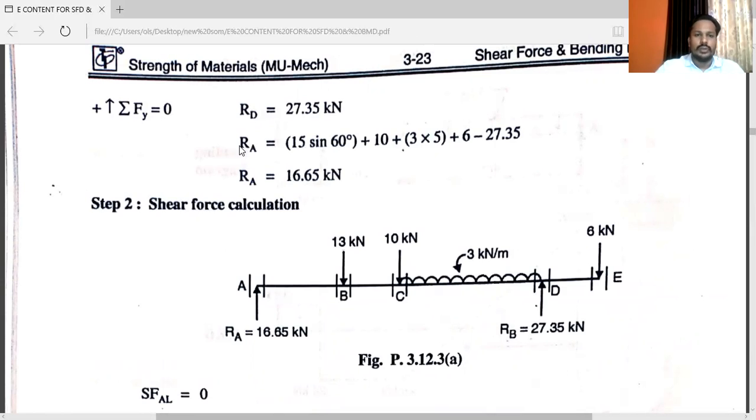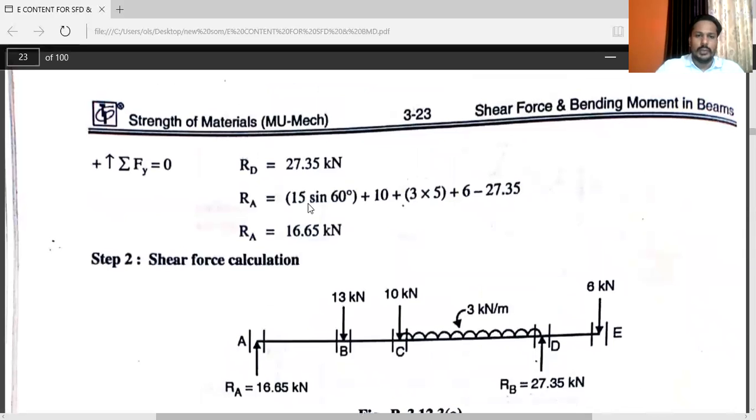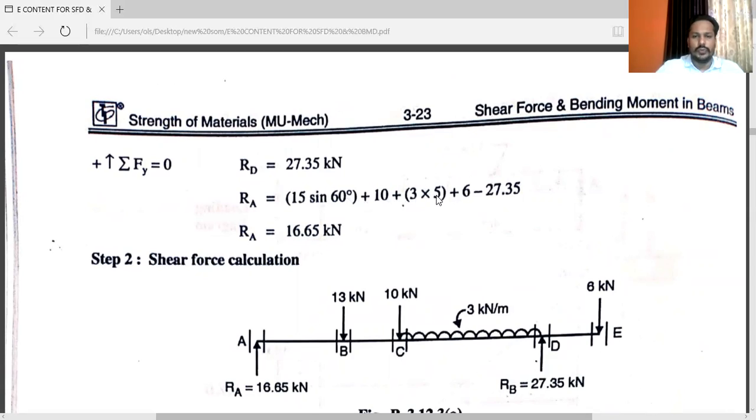So Ra, that is positive, is equal to 15 sin 60 degree plus 10 plus 3 into 5 plus 6 minus 27.35. You will get the value of Ra, that is 16.65.